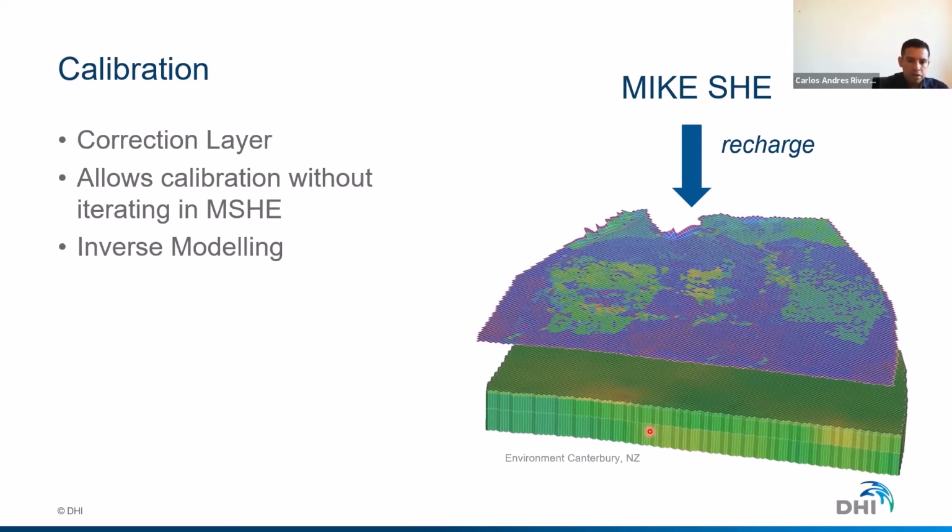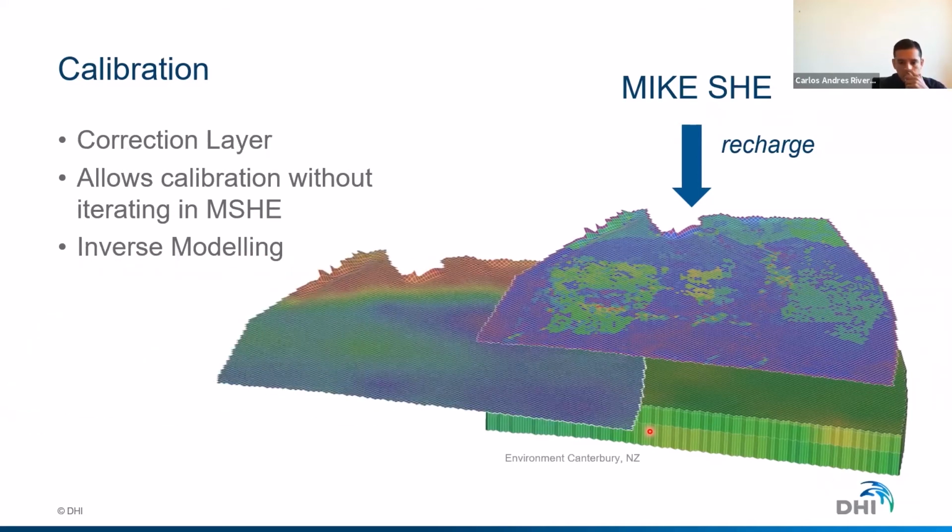What we have done here is we try to use PEST to enhance the distribution of recharge coming from MIKE SHE. So we set up a pilot point problem. We have several pilot points, and we have prior knowledge coming from MIKE SHE. MIKE SHE used information on land uses, soil types, etc., to give us some patterns of recharge. This is what we have here on the top. But maybe this recharge is not 100% accurate in some locations, so we need to somehow calibrate this recharge.